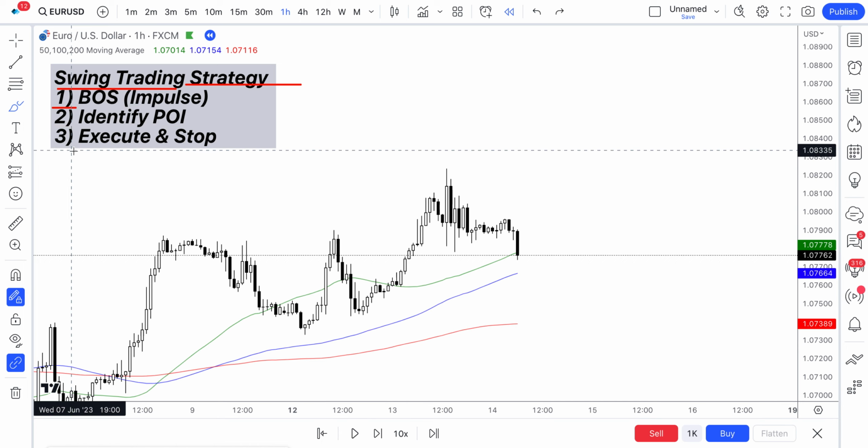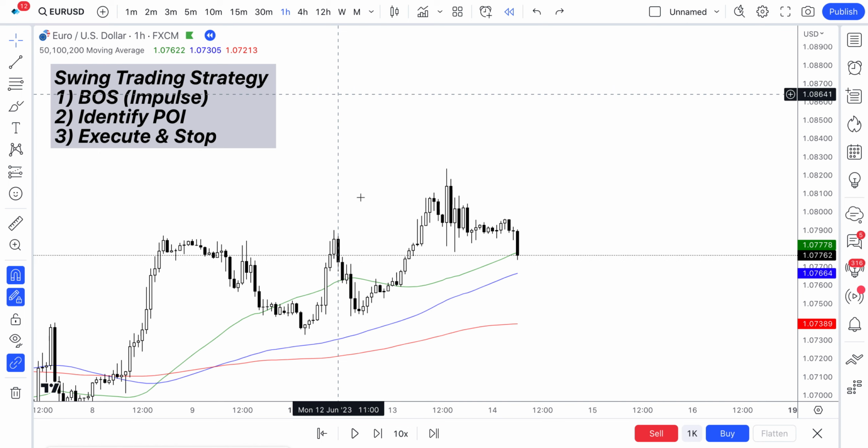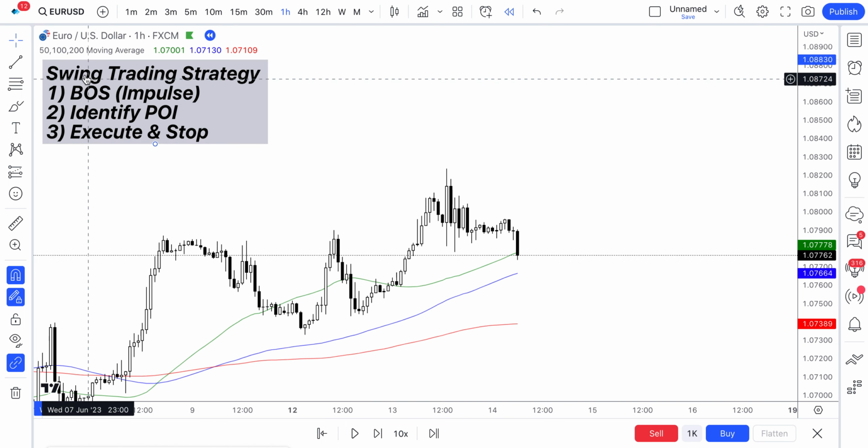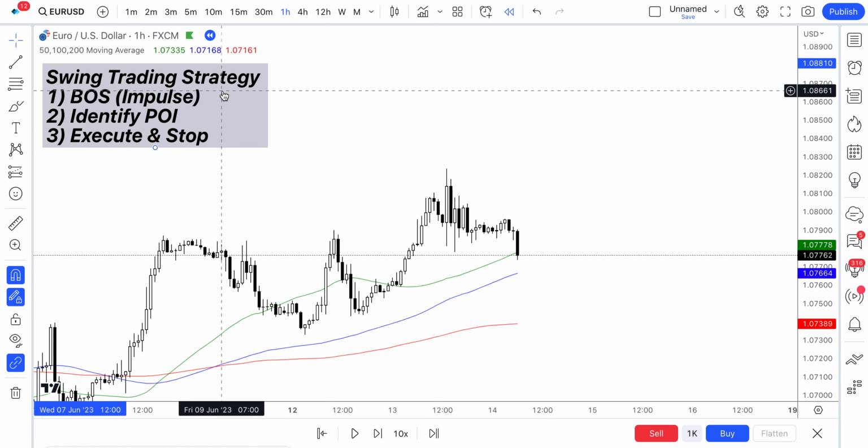Okay, so let's break this down step by step and jump straight in here for you guys. So this is Euro USD on the 1 hour time frame. The first thing that we want to add to our charts is the 50, the 100 and the 200 moving average.